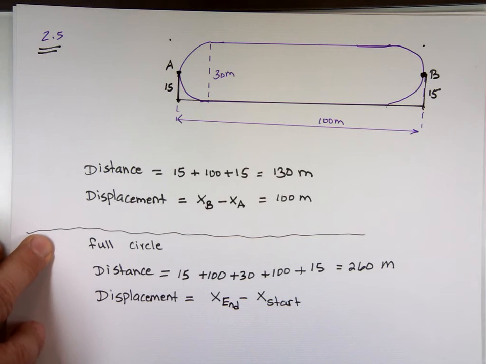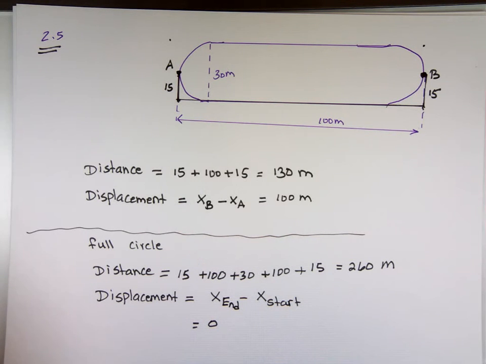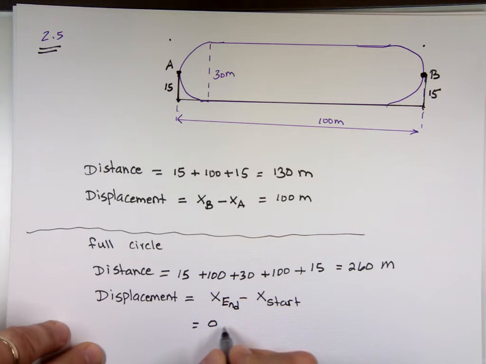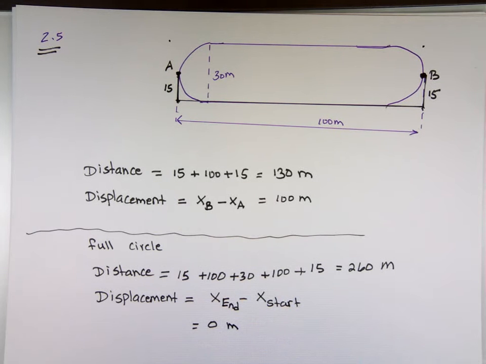At A. So guess what your displacement is? 0. There's no change in the two positions. X final minus X initial. It's the same spot. So your displacement for this should be 0 meters. Your distance should be 260 meters for that one.